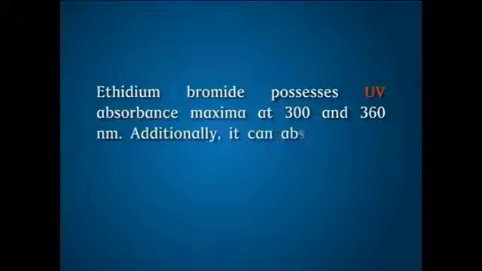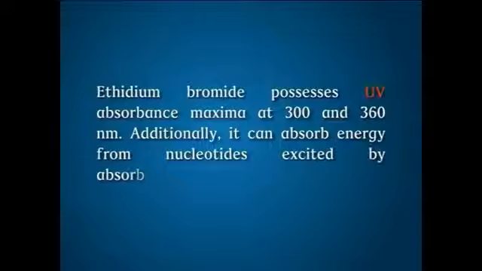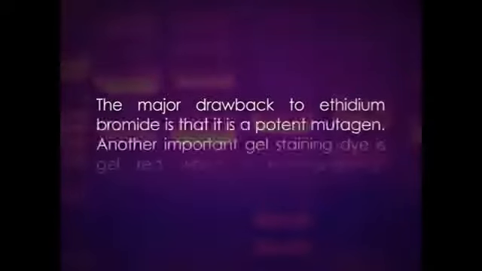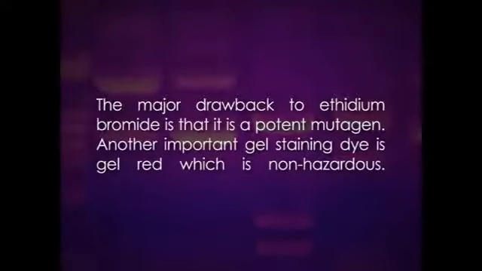Additionally, it can absorb energy from nucleotides excited by absorbance of 260 nanometer radiation. It yields low background and a detection limit of 1 to 5 nanograms per band. The major drawback of ethidium bromide is that it is a potent mutagen. Another important gel staining dye is GelRed, which is non-hazardous.